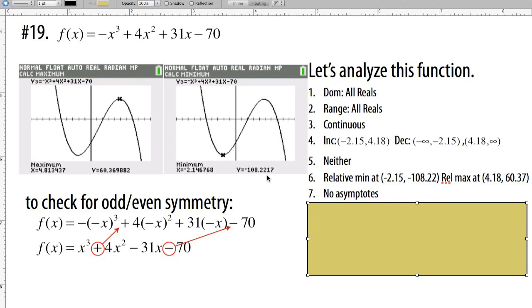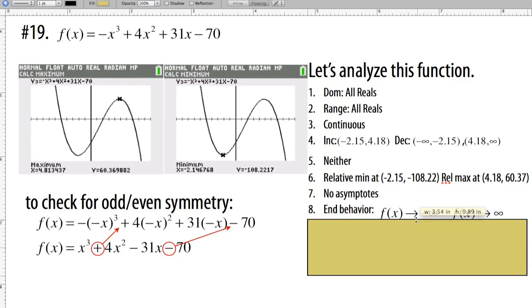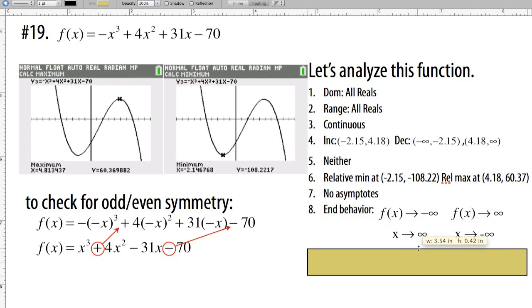Number 7. Do we have any asymptotes? Not in this problem. Remember, asymptotes only show up with fractions, with rational functions, and we'll get to those later. End behavior. This was the actual question of the day for this particular problem. As x goes to positive infinity, so as x goes to the right side, the graph is headed down, so it's negative infinity.